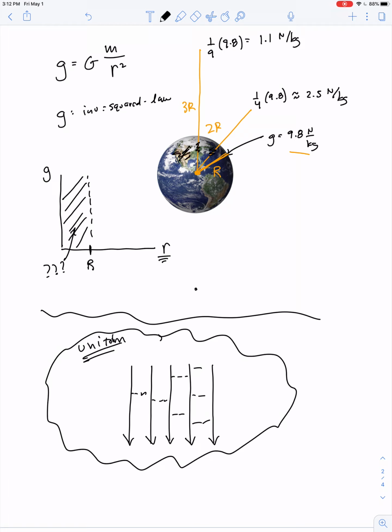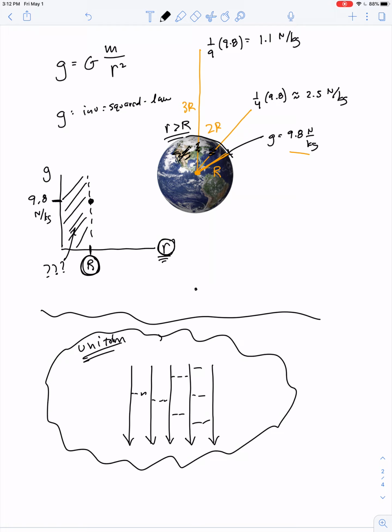So it's only at points beyond lowercase r greater than capital R that are of any importance to us. So right at the surface, when the distance from the center happens to be the radius of the Earth itself, then the value of g is equal to 9.8 newtons per kilogram. So there's one data point.